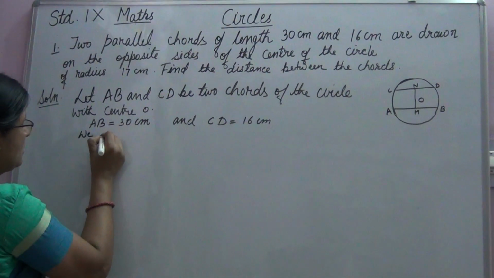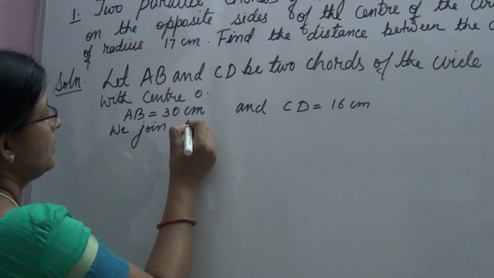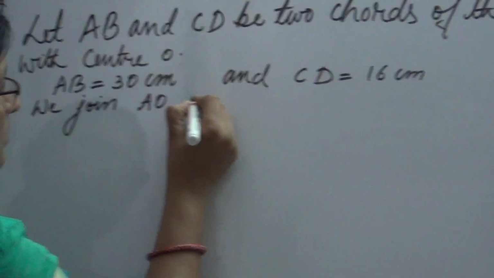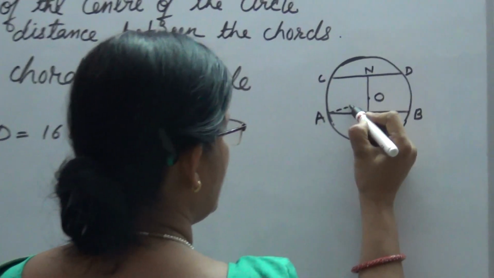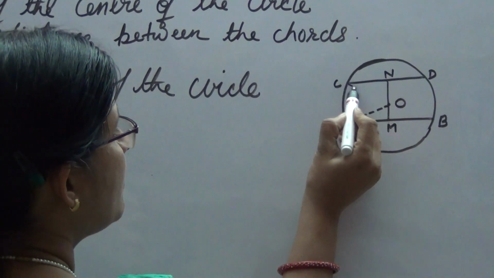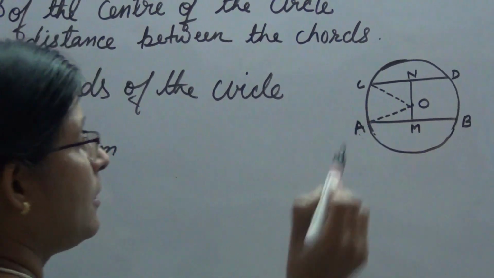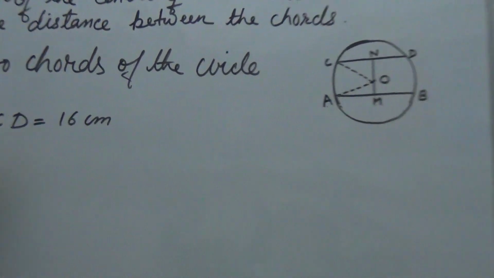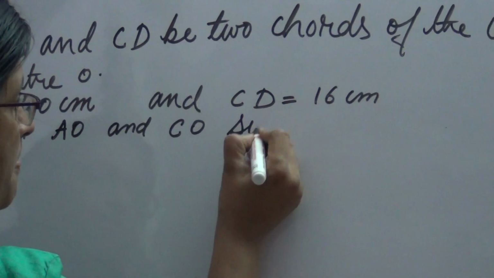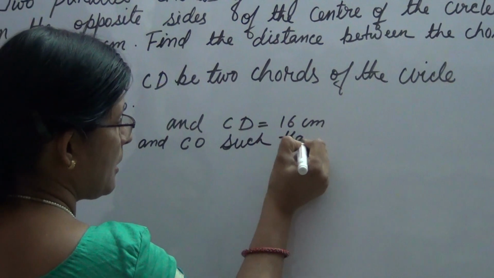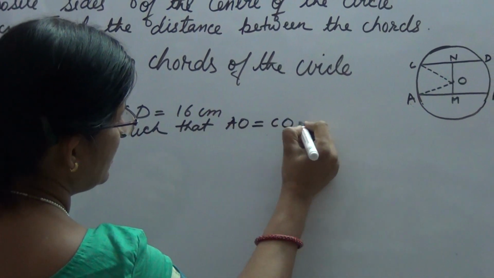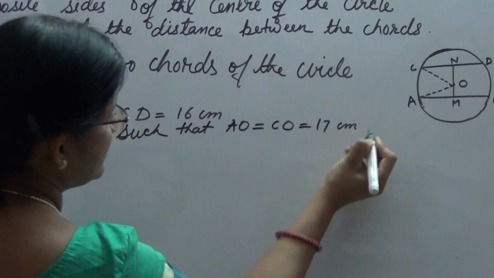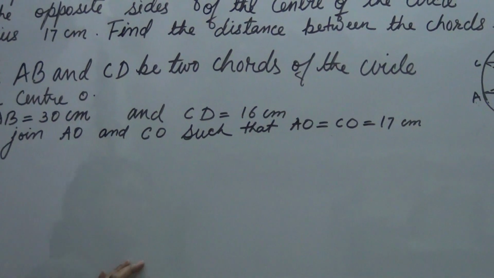We join AO and CO, such that AO is equal to CO is equal to 17 centimeter, as they are radii of the circle.